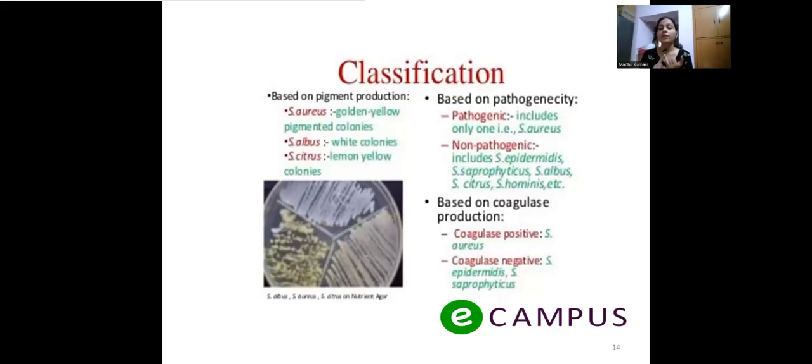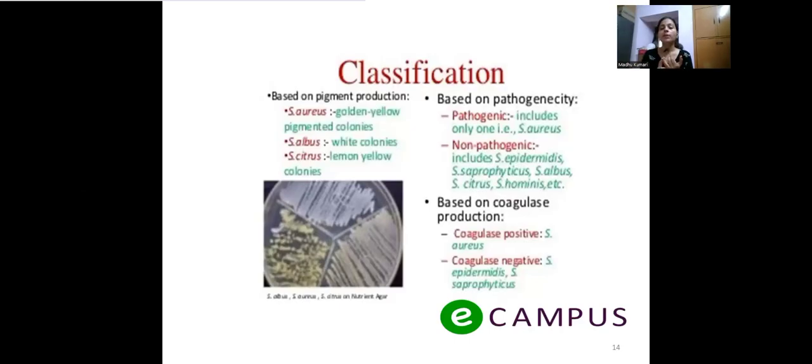Gram-positive bacteria are classified according to the gram staining method, right? The bacteria which retain the gram stain are called gram-positive bacteria, and the bacteria which do not retain the stain are called gram-negative bacteria, right?